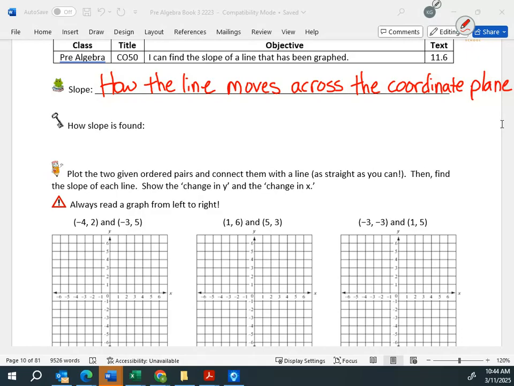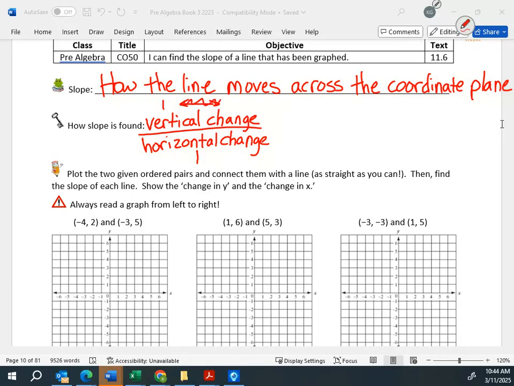The first one is the vertical change over the horizontal change. Vertical change is going left and right. Horizontal, sorry, I just messed that up.